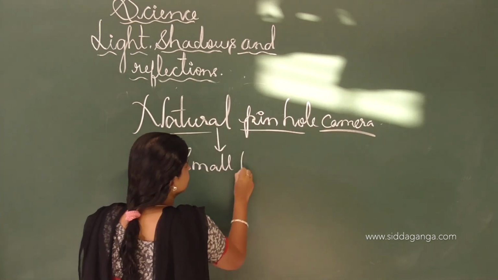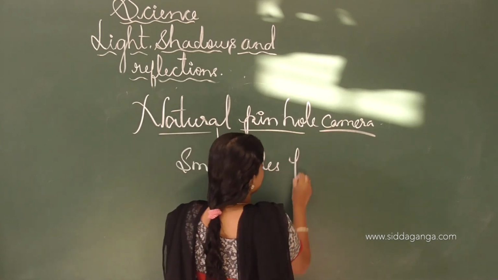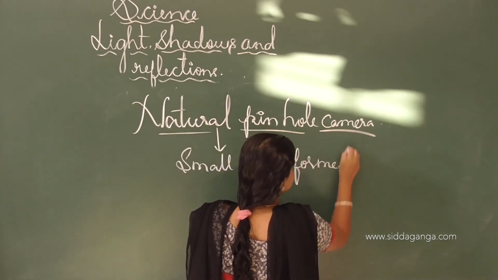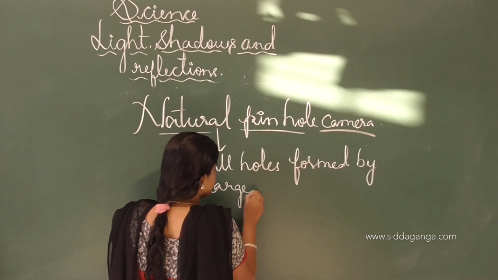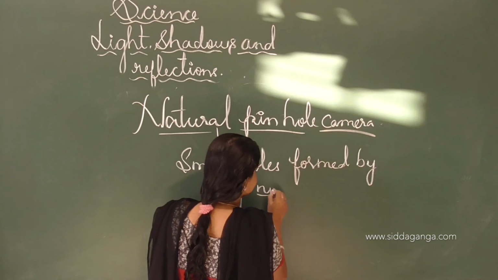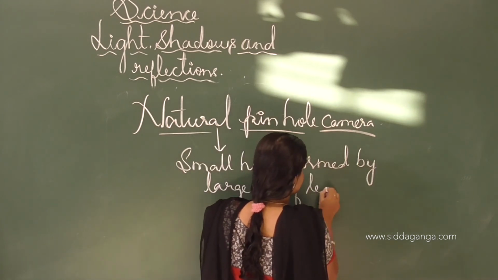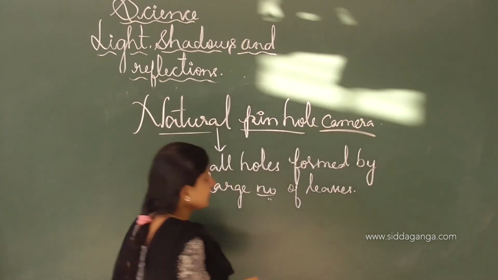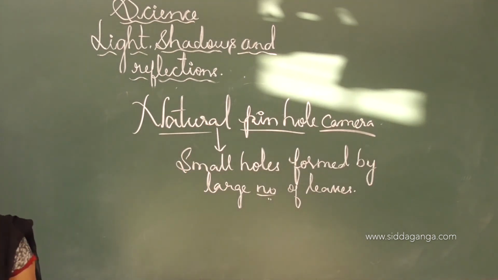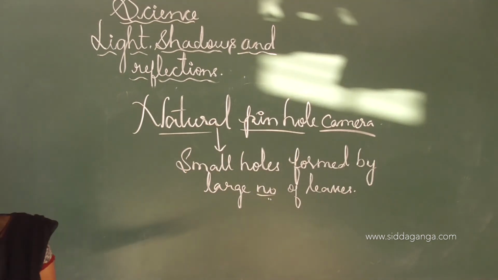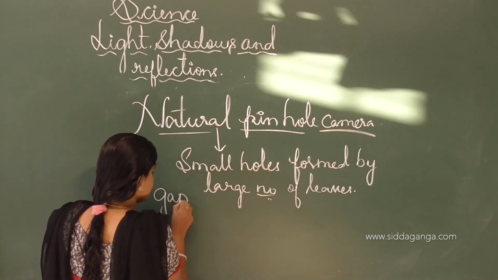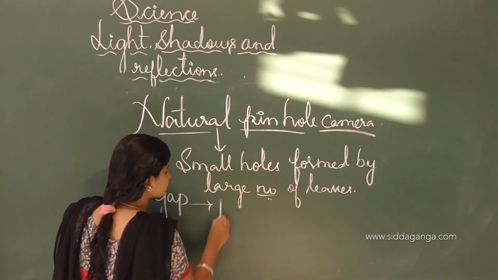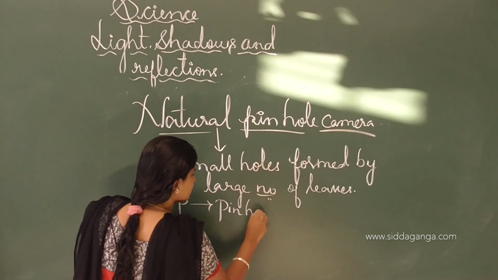Small holes formed by a large number of leaves, and see, the gaps will be created, and this irregular shape of the gaps between the leaves acts as a pinhole.